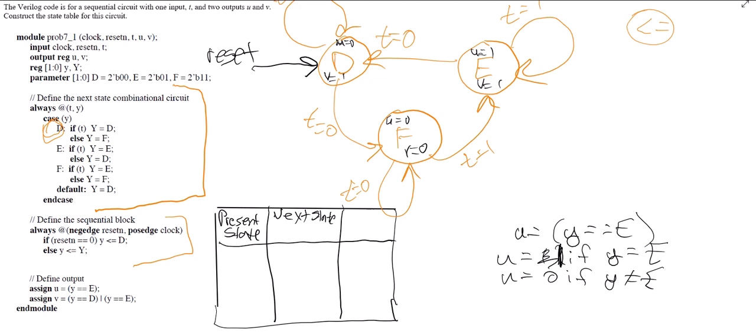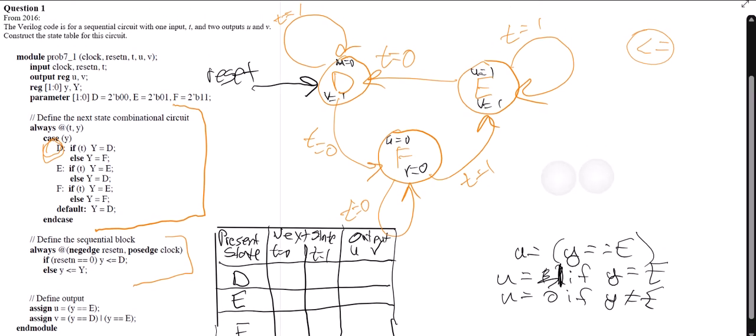And next state if T equals 0 or if T equals 1. And then our output, U and V. And our three states are D, E, and F. And so D, go back and look at our state diagram.